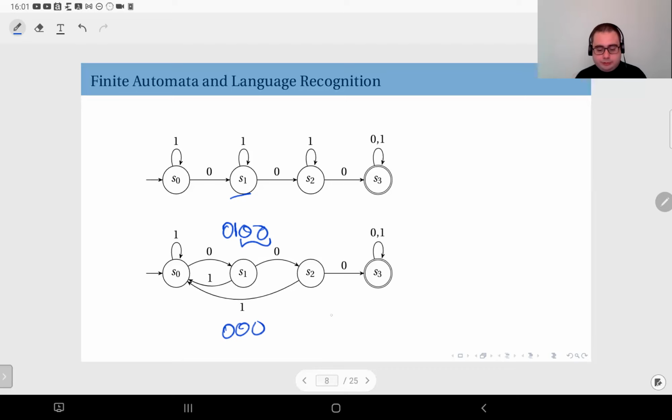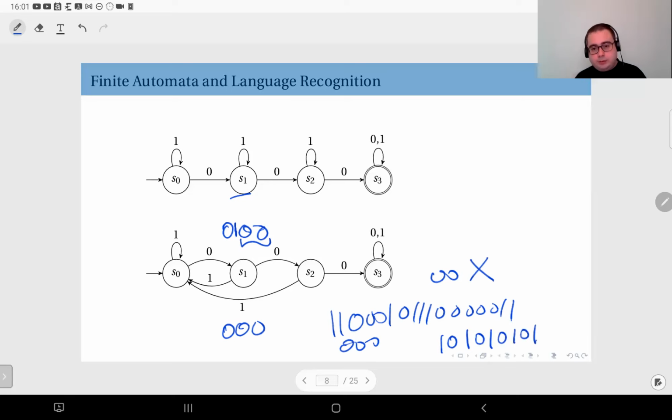So for instance, 110001011100000011 will be accepted. 000 by itself is going to be accepted. 00 is not going to be accepted, or 1010101011 is not going to be accepted. But if you add a triplet of zeros here, for instance, it will be accepted. So this finite automaton needs a consecutive triplet of zeros.